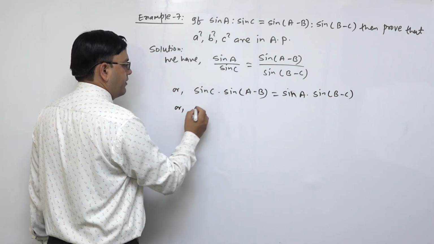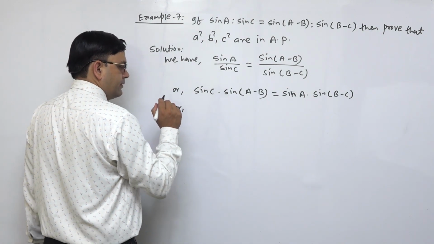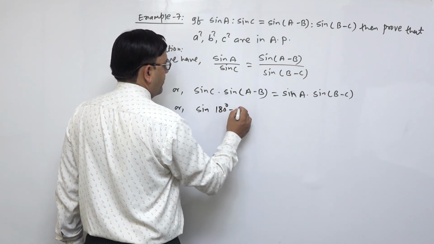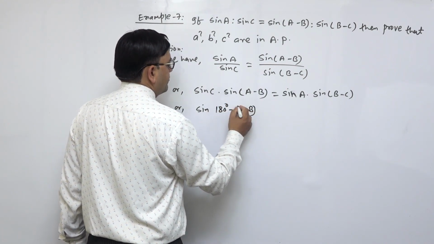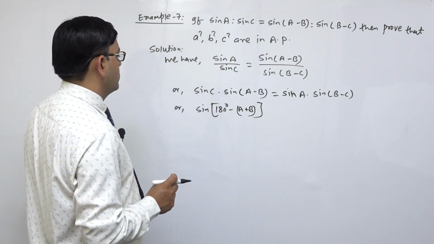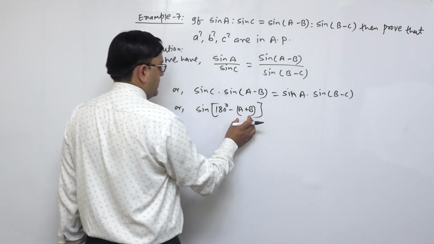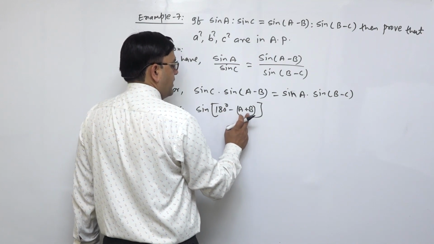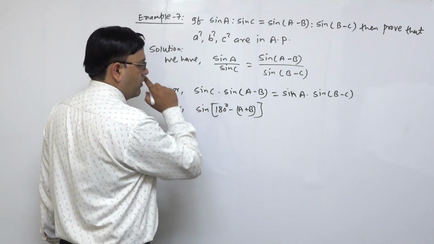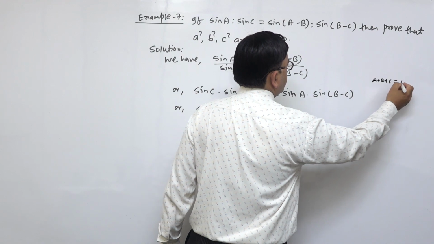Instead of sin C we can write sin(180 degree minus (A plus B)), because we know A plus B plus C is equal to pi.